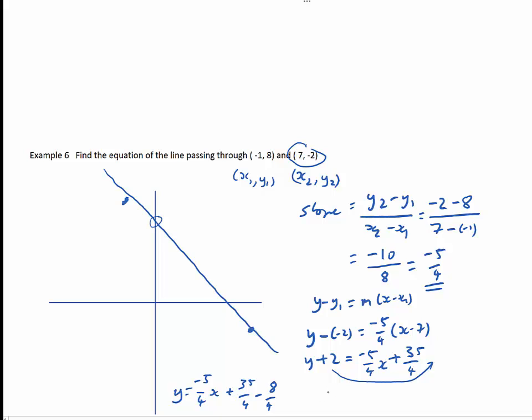So the final equation is y equals minus 5 fourths x plus 27 fourths, or minus 1 1/4 x plus 6 3/4.